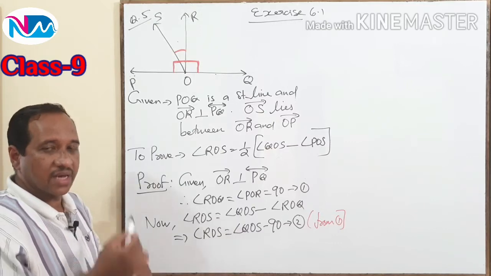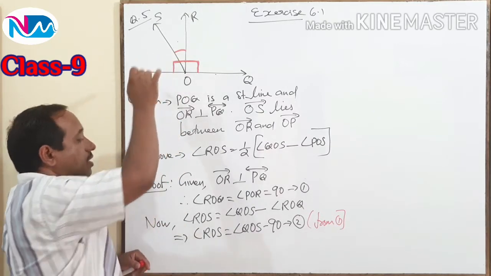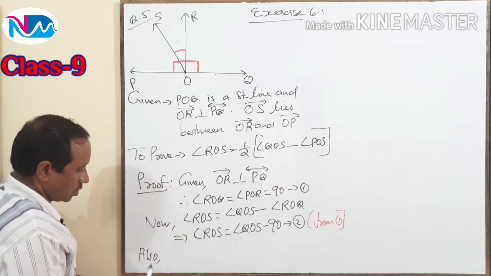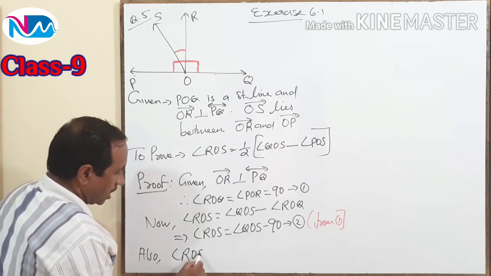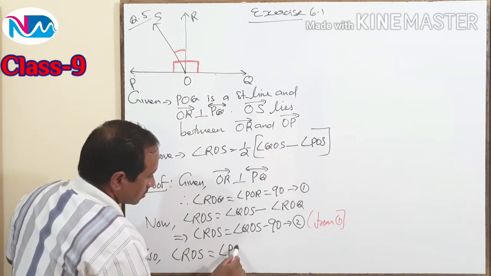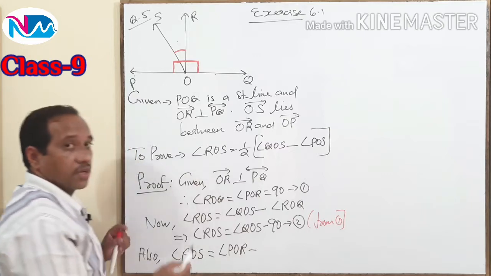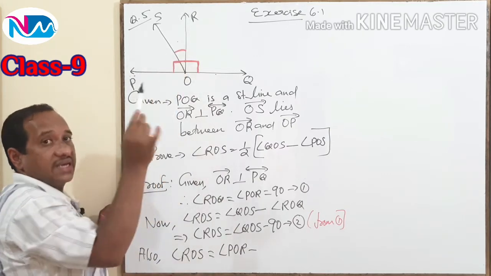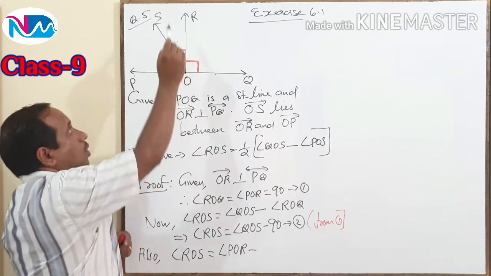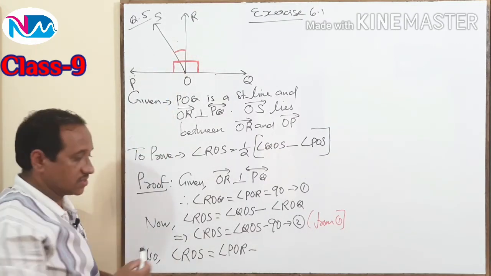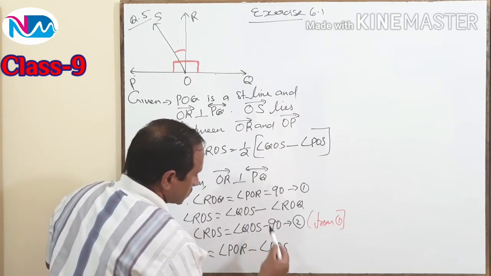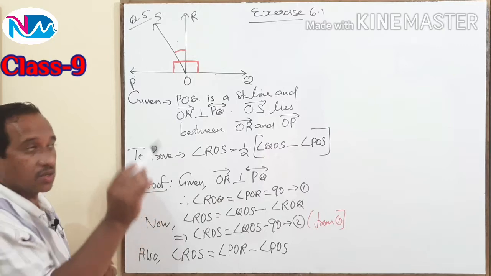Also we can express angle ROS in terms of angle POS. Now also angle ROS is equal to angle POR, because angle POR contains angle ROS, minus angle POS. Look at the figure clearly.